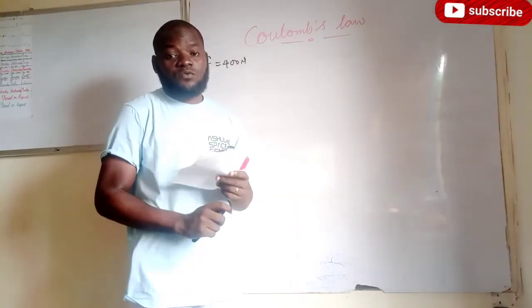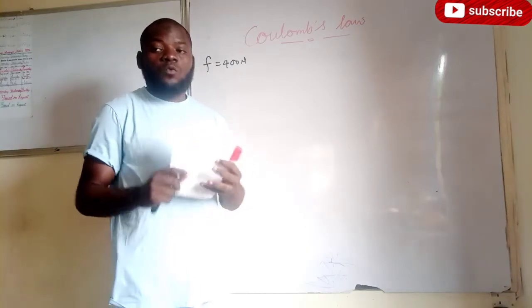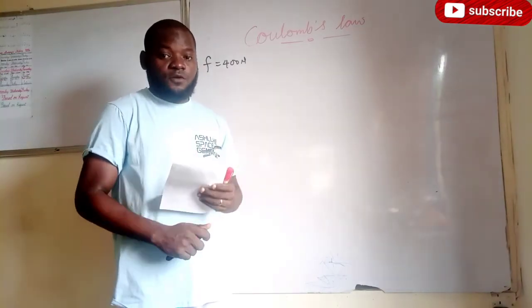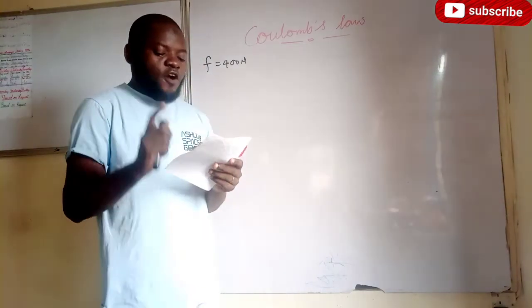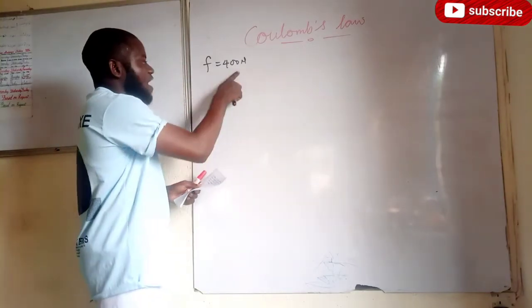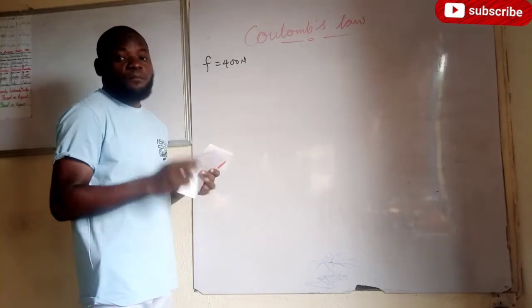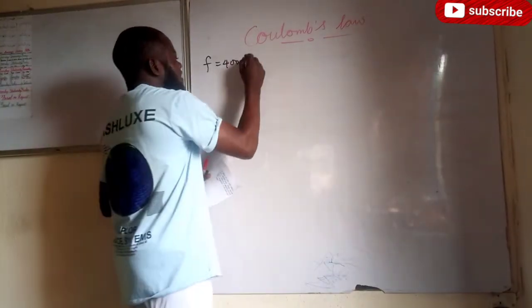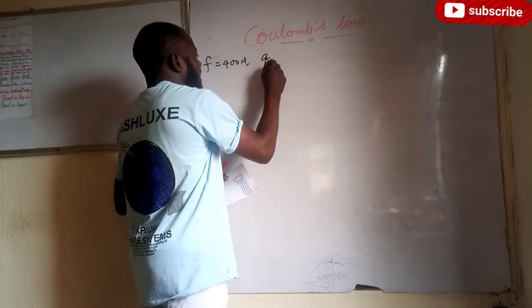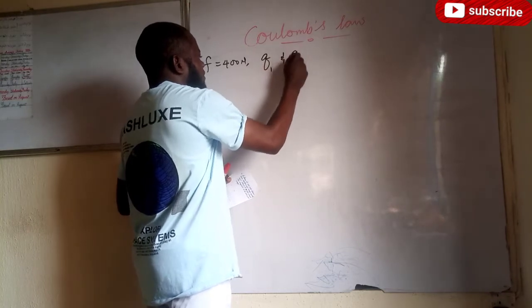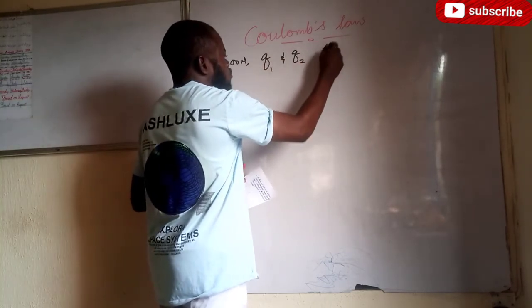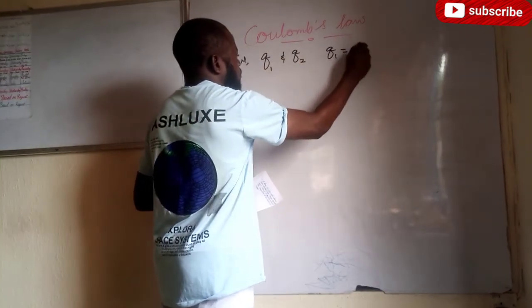So now let's interpret the question, having to understand what the examiner is requesting from us. Cool. A force of 400 Newton, we have our F to be 400 Newton, exists between two identical point charges. That is, this force is between charge Q1 and Q2, but Q1 is equal to Q2.